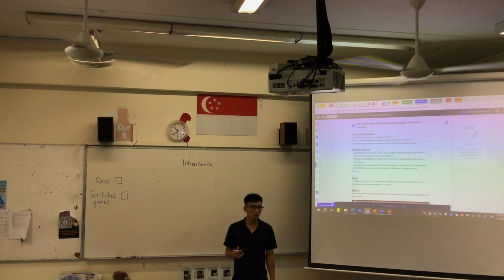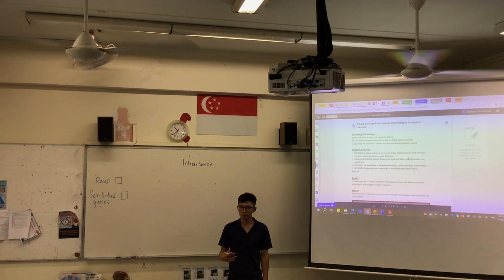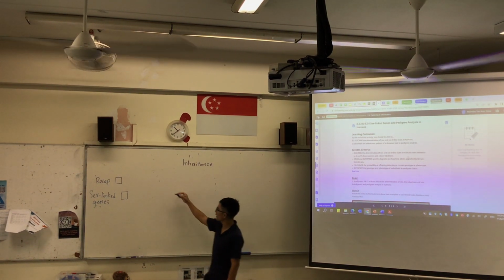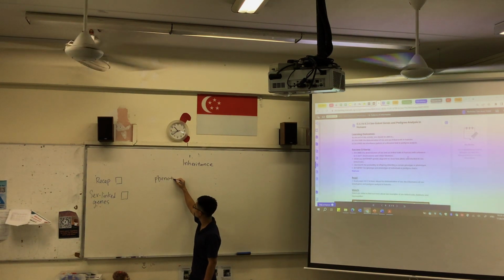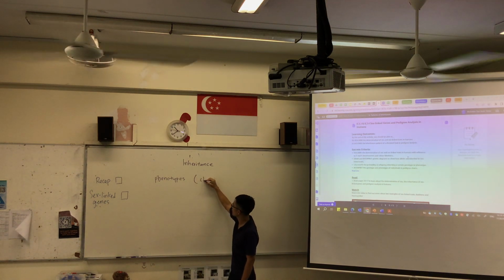we looked at how generations of organisms can inherit characteristics. On the surface, when you look at characteristics, we describe them as phenotypes. Okay? Phenotypes are the characteristics.